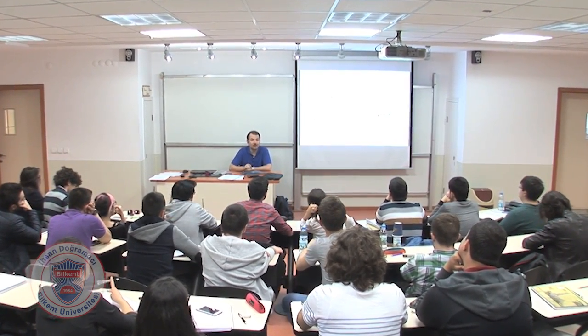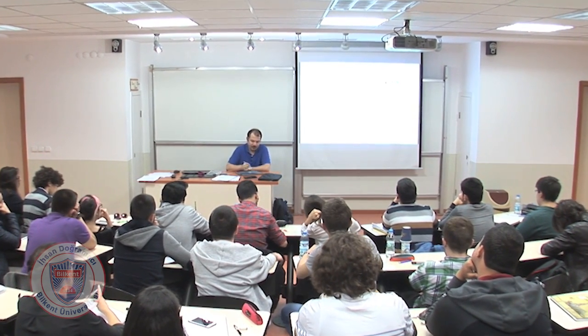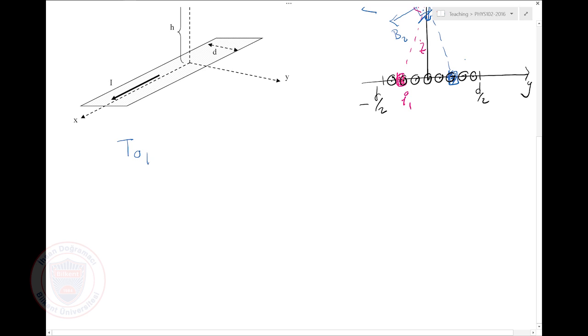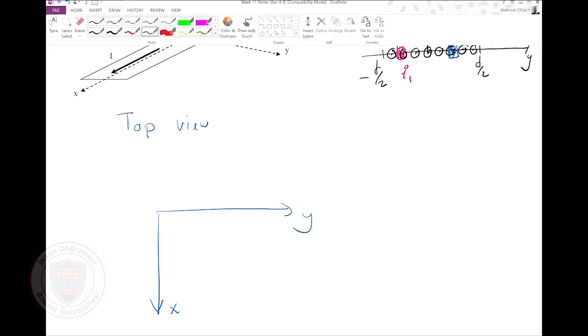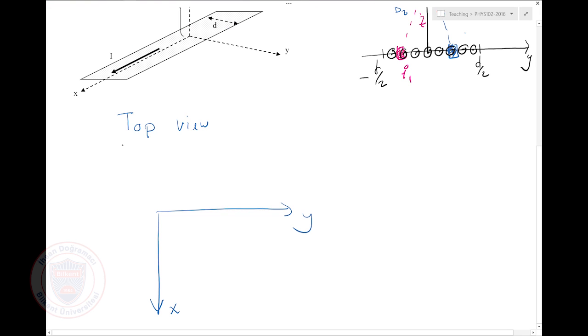Let's actually find the magnitude of the magnetic field. And for that, here's what I'll do. If I look at the system from the top, what do I see? This is my x-axis, this is my y-axis, and here is my strip from d over 2 to minus d over 2. And as the question suggests, I'm not going to try to calculate the whole strip's magnetic field at once.